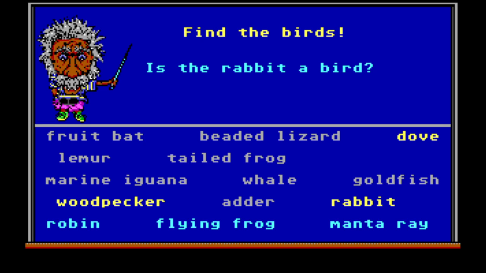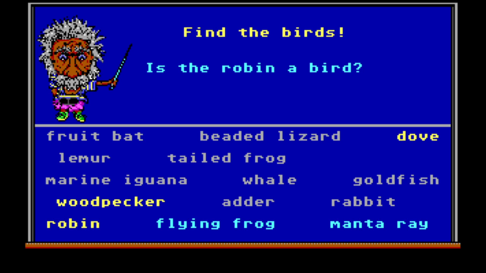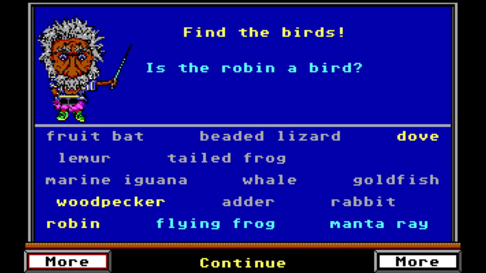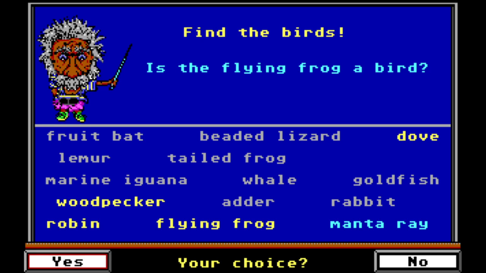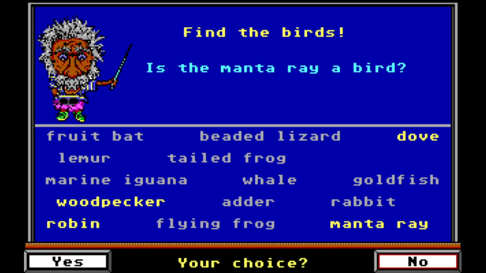Rabbit is a mammal. Robin is a bird. And also one of my very best friends. A flying frog, despite its suggestion, would not be a bird. And a manta ray is a sea critter.